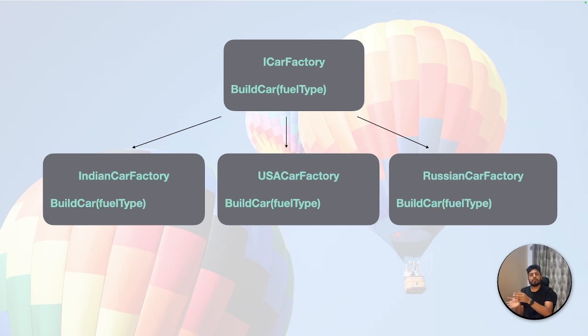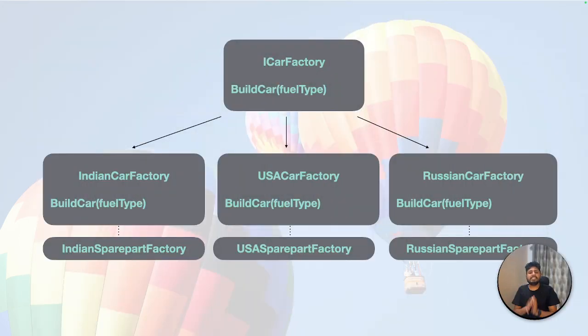Now, if you remember from the code we just discussed, we had two different levels of if blocks, one for the country and then one for the fuel. So at least that country logic has been removed. Now we just need to define the correct factory for which country we want to create the car for, right? So at least the logic separation for fuel has gone into the respective factories.